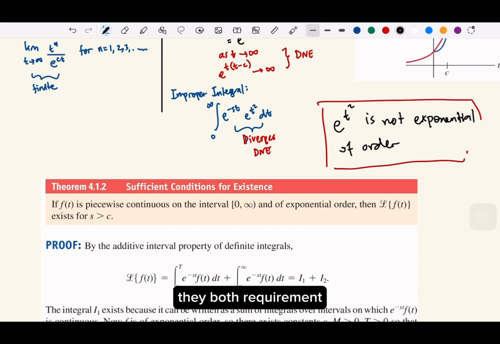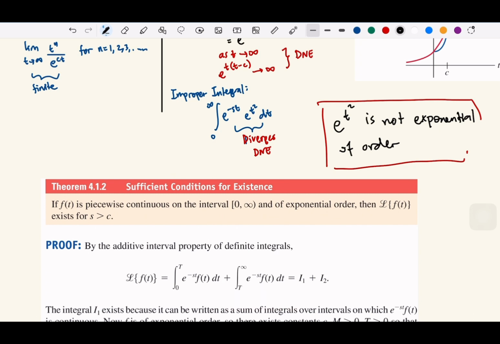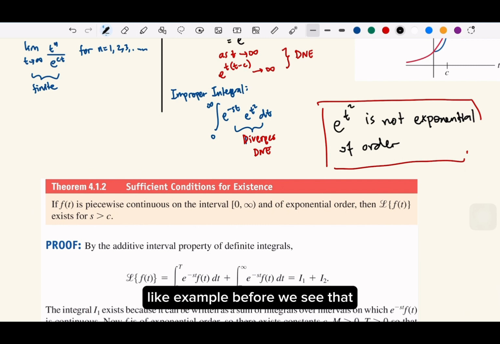If both requirements are satisfied, then the Laplace transform for that function will exist, whenever s is greater than c. Like the examples before, s needs to be greater than 0, or greater than 4, 5, 6, depending on the function.